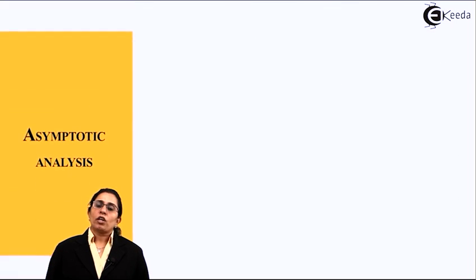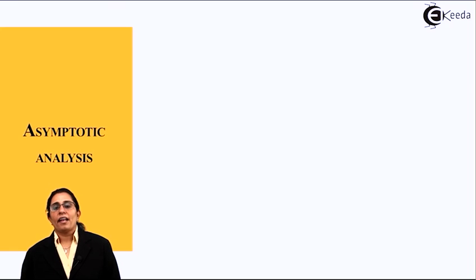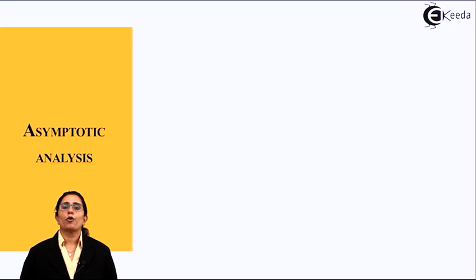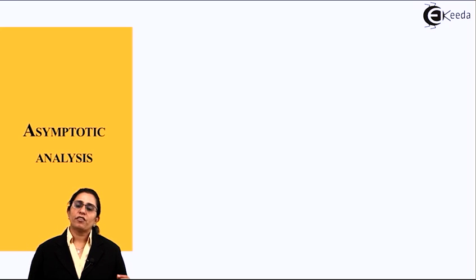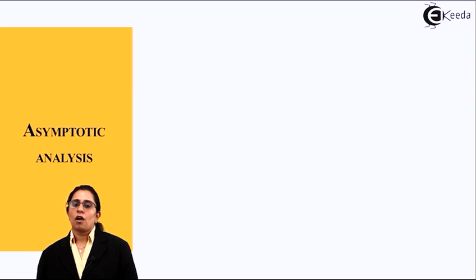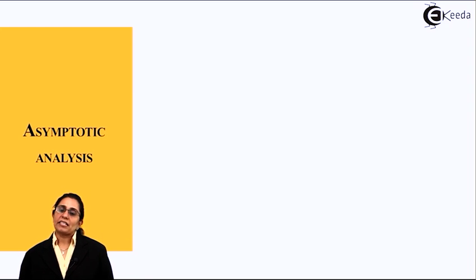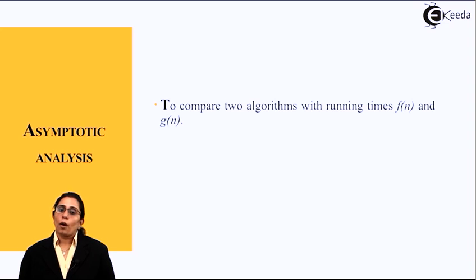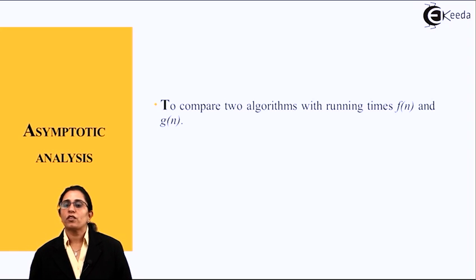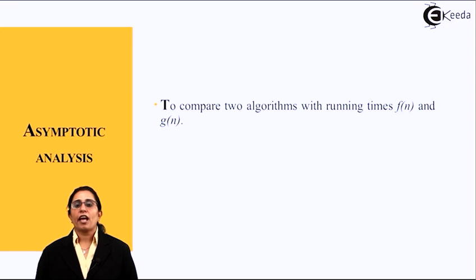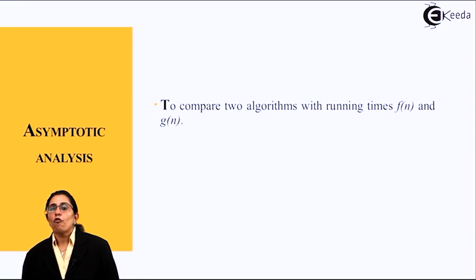Now, what is asymptotic analysis? That is, for a particular code, when we have done this analysis of cost, how do we calculate an asymptotic analysis? To compare two algorithms with running times of function f of n and g of n, which is denoted for the growth of a function.